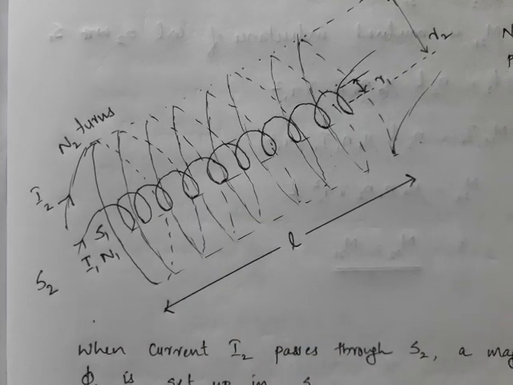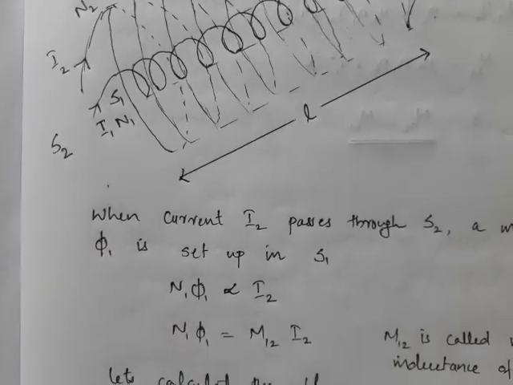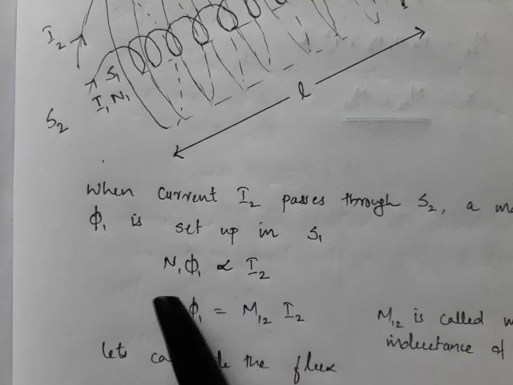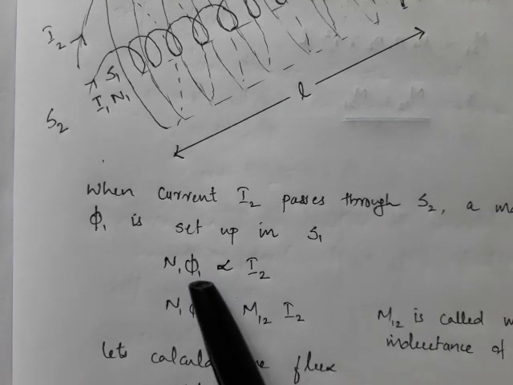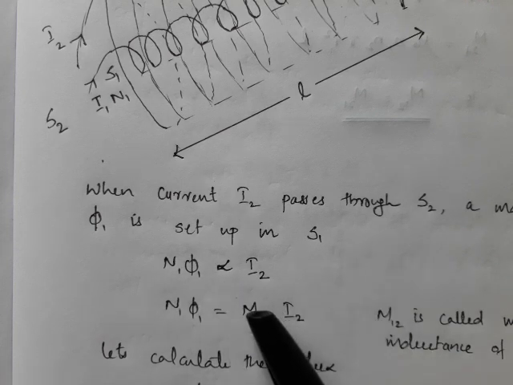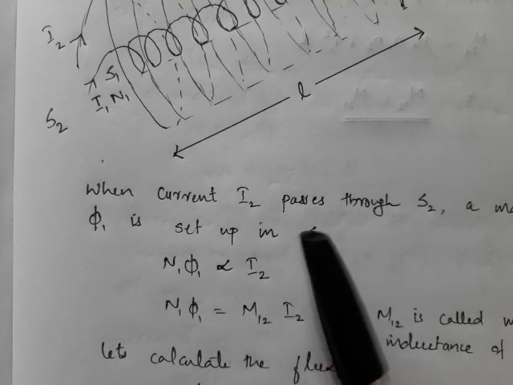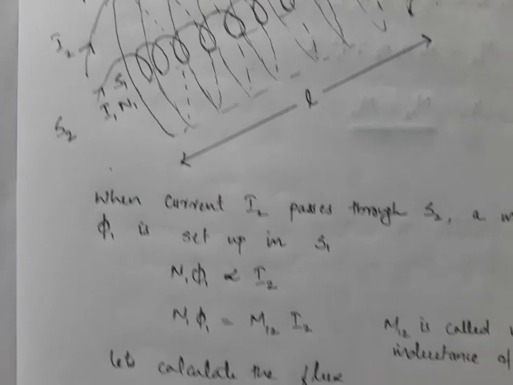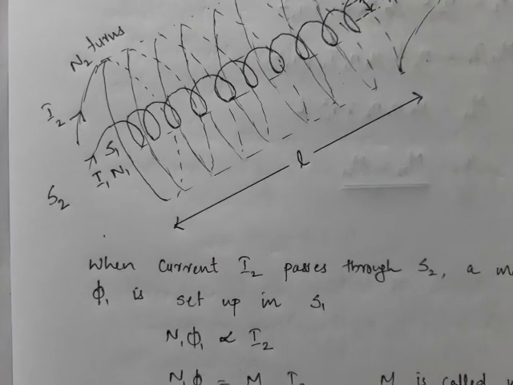So the flux can be calculated as N1∅1, where capital N1 is the number of turns in S1 and ∅1 is the flux in S1. So total flux is N1∅1. We already said this flux in S1 is proportional to the current in S2, that is I2.